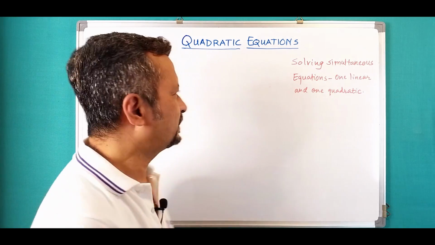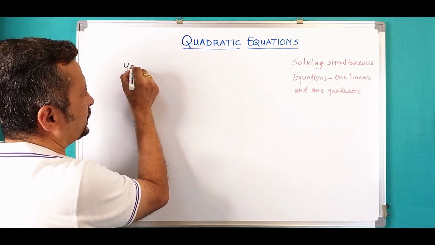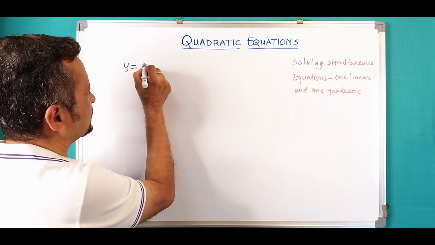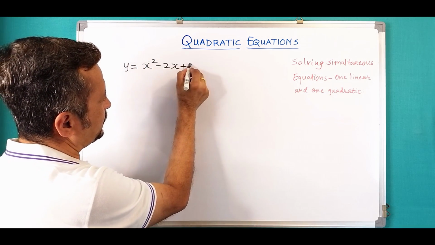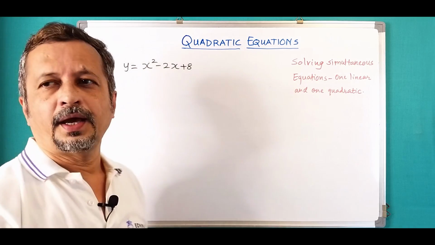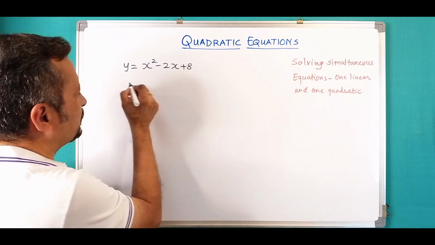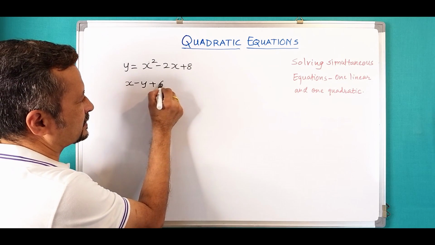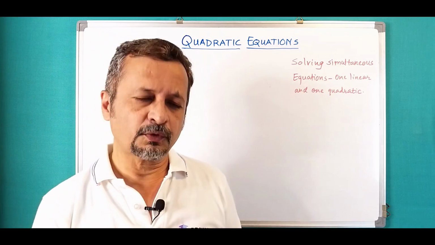Now let us have this quadratic curve, y is equal to x square minus 2x plus 8, and my straight line will be x minus y plus 6 equal to 0, correct? So now we want to solve this.